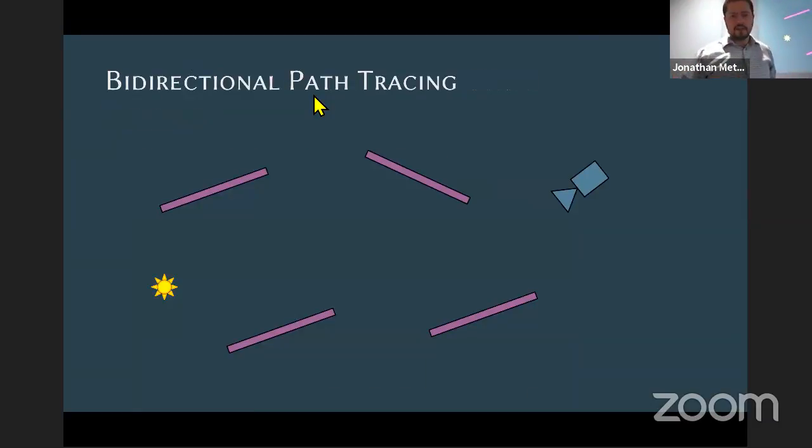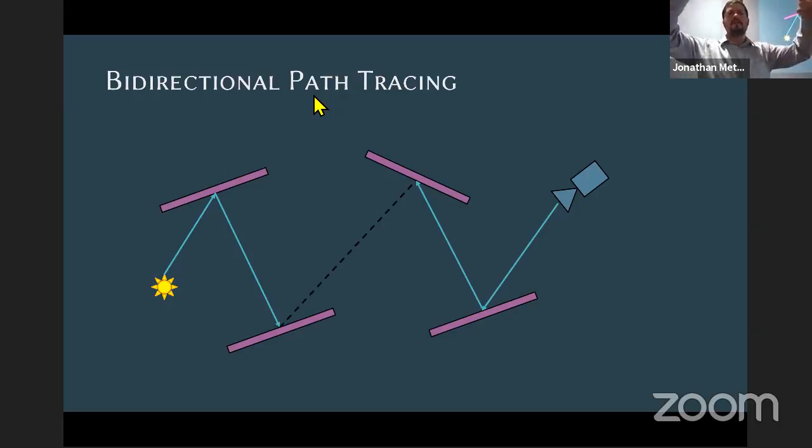So one of the approaches that increases the speed of path tracing is bidirectional path tracing. So we mentioned you could shoot rays from the lights into the scene, and you can shoot rays from the camera into the scene, and then you just connect them. So after some depth, you decide, okay, let's connect all the rays that my lights ended up at with the rays that I got from my camera, okay?